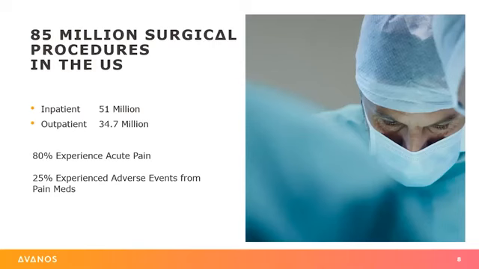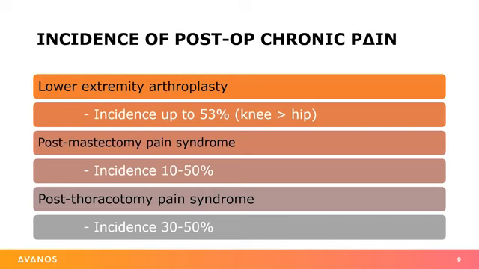Again, it doesn't sound like a big deal that for general surgical patients, 3% of patients will end up on persistent opioids. Cardiac surgery, it's even higher, with 8% of patients ending up on persistent opioids. But when you give the context of 3% of all of the millions of surgeries that are done, or 8% of the hundreds of thousands of cardiac procedures that are done in the United States every year, there's a tremendous amount of patients that are ending up on persistent opioids.